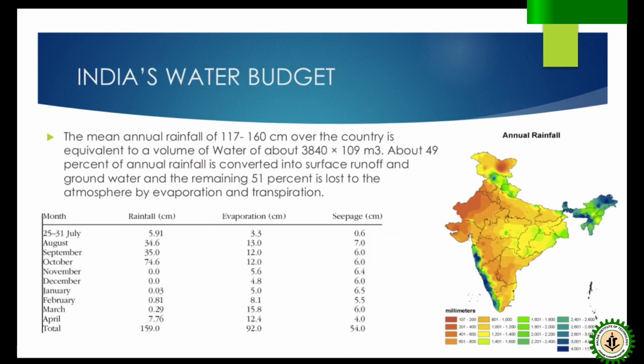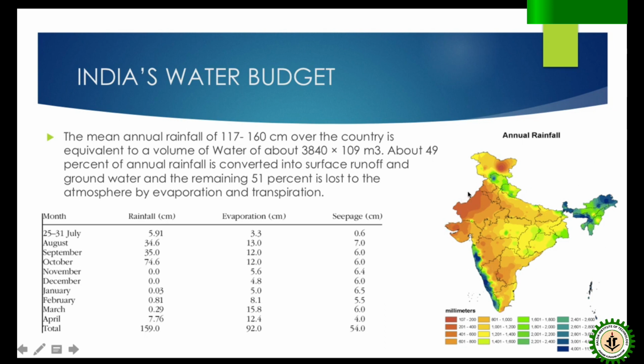Coming to India's water budget, you can see how rainfall is distributed in India. You can see this picture here. There's an India map given and color denotation is given. Blue color is around 4,000 to 11,000 millimeters of rainfall. That is more in the eastern part and southwestern part, the coastal area.